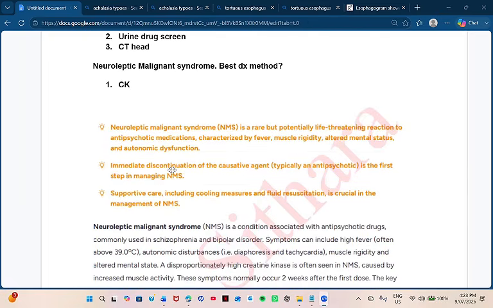The immediate discontinuation of the causative agent, typically the antipsychotic, is the first step in managing neuroleptic malignant syndrome. Just discontinue, because neuroleptic malignant syndrome is a severe case.